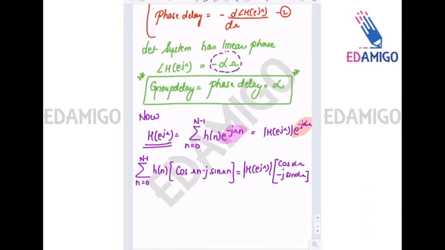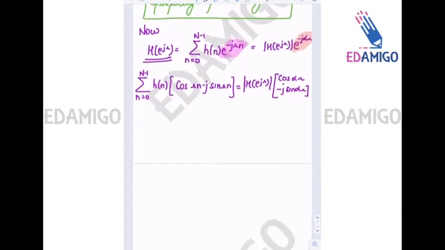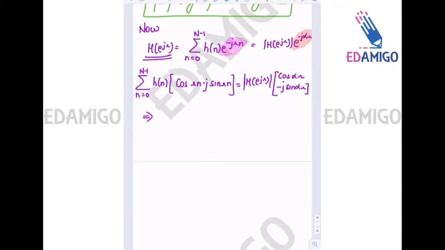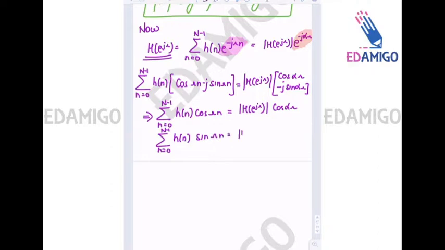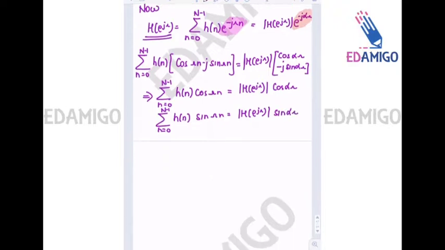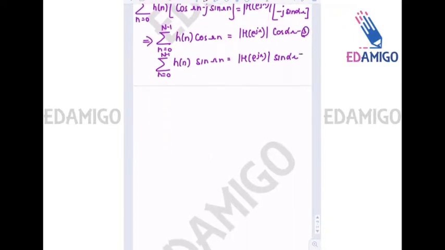Now in the right hand side and left hand side, comparing the real and the imaginary part, we get summation n equal to 0 to N minus 1 h[n] cos of ωn is equal to magnitude times cos of αω, and comparing the imaginary part, we get the magnitude times sine of αω. Now let us say that this is equation number 3, this is equation number 4.